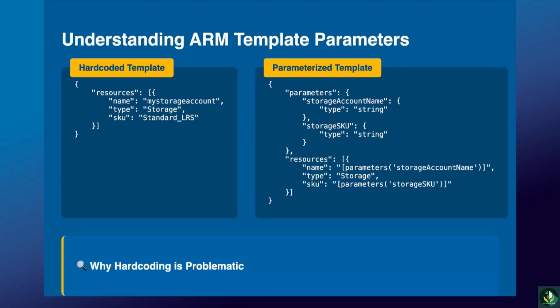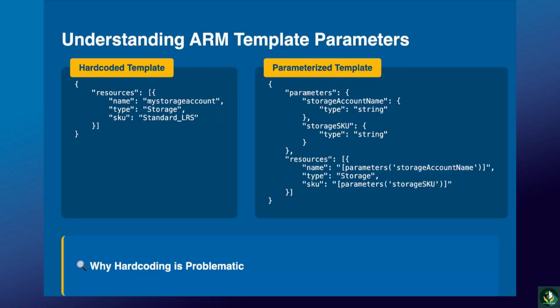In the previous unit, you created an Azure Resource Manager or ARM template and added an Azure storage account to it. However, you might have noticed a limitation. The storage account name and SKU were hard-coded. This means the template can only deploy the same storage account every time, which isn't practical for real-world scenarios where different environments require unique configurations.